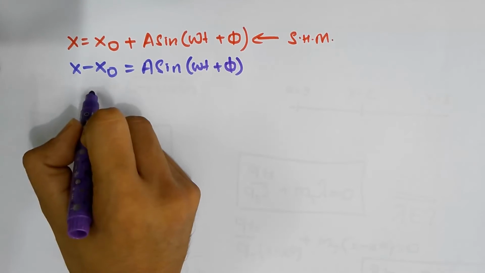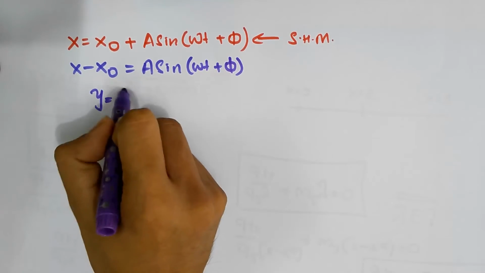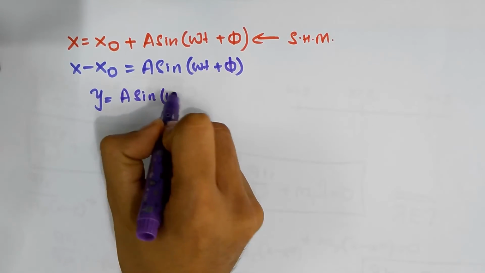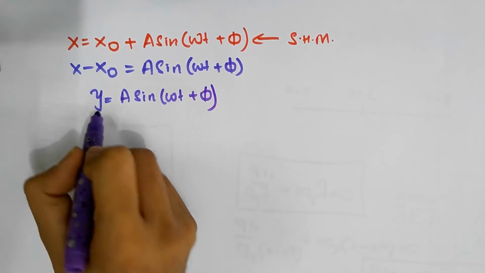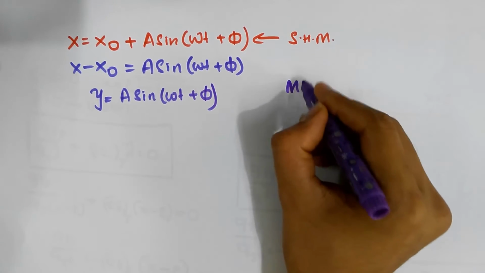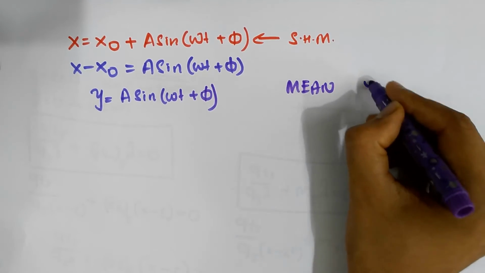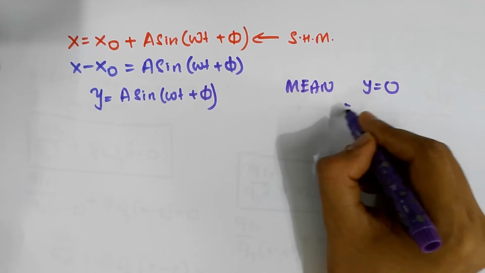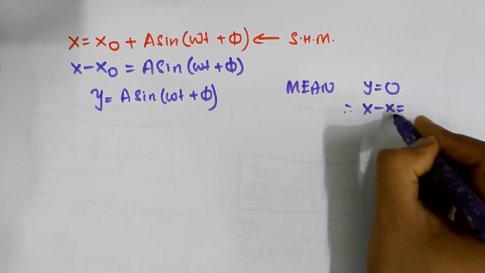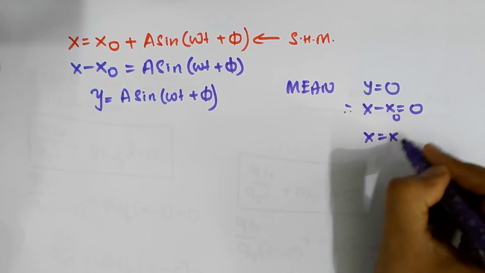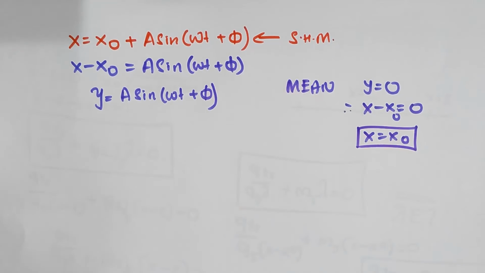You can write x minus x naught as y equal to a sine omega t plus phi, and the mean position is y equal to 0. Therefore x minus x naught equals 0, so x equal to x naught is the mean position. That's all it is.